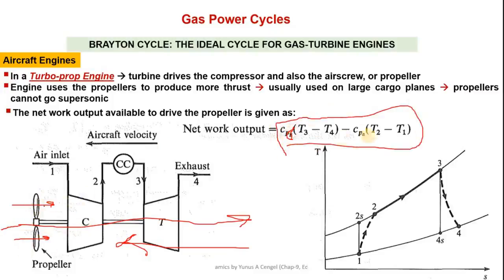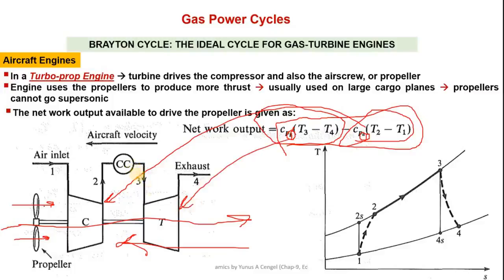Here you can see a difference. Here it is Cpg and here it is Cpa. This represents the process in the compressor at low temperatures, and this represents the process in the turbine at a very high temperature, because the temperature is already raised to a very high value in the combustion chamber.